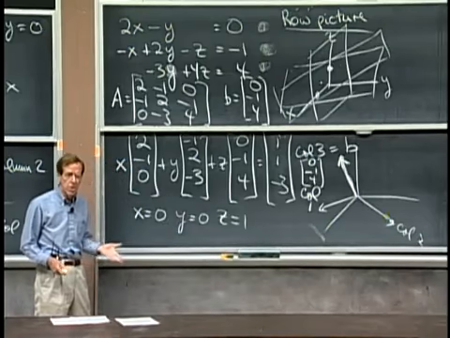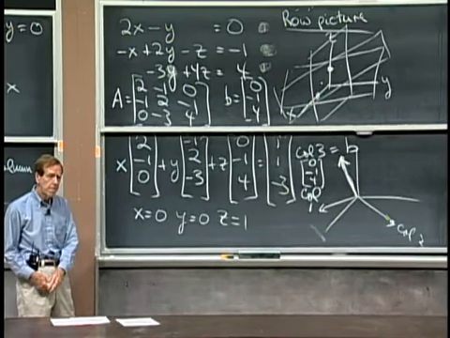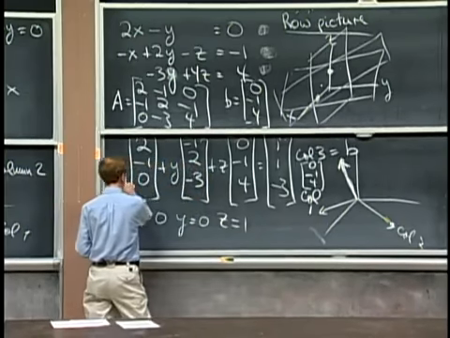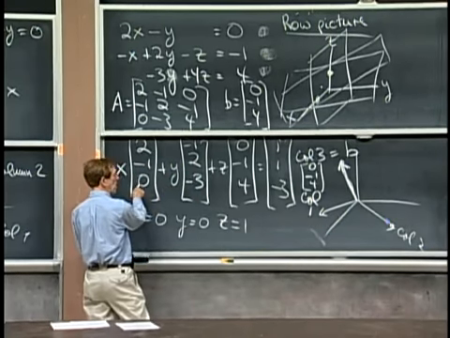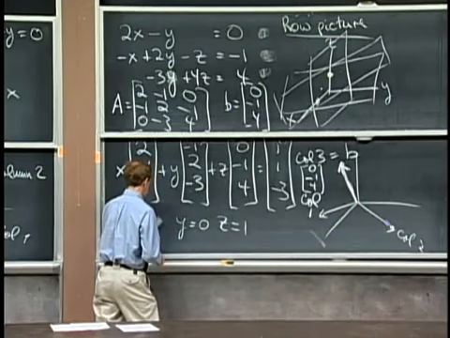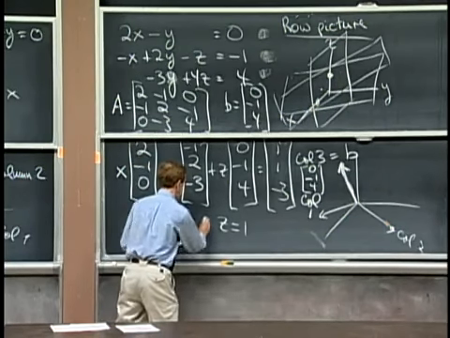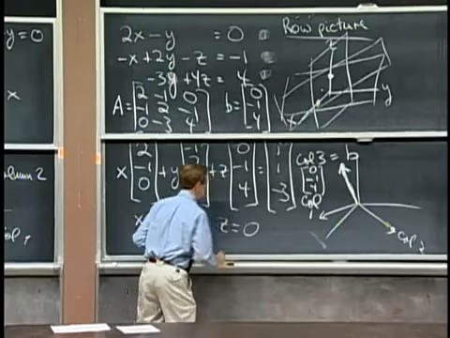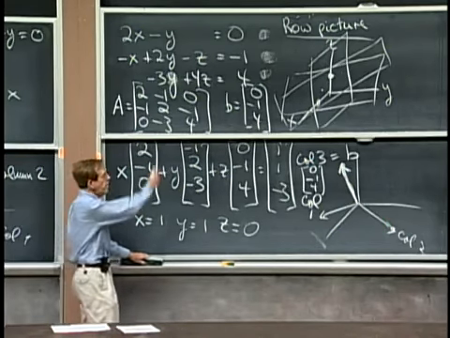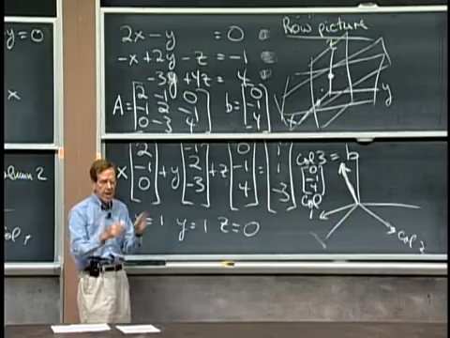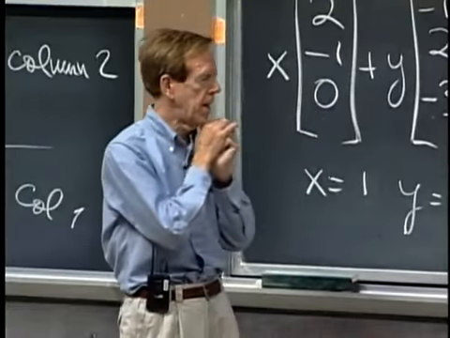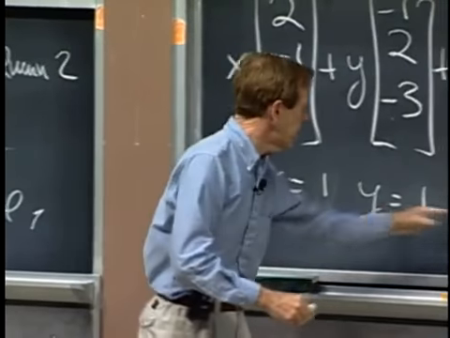Now, what's the solution with this new right-hand side? The solution with this new right-hand side is clear. I took one of these, and none of those. So it just changed around to this when I took this new right-hand side. In the row picture, I have 3 new planes meeting now at this point.